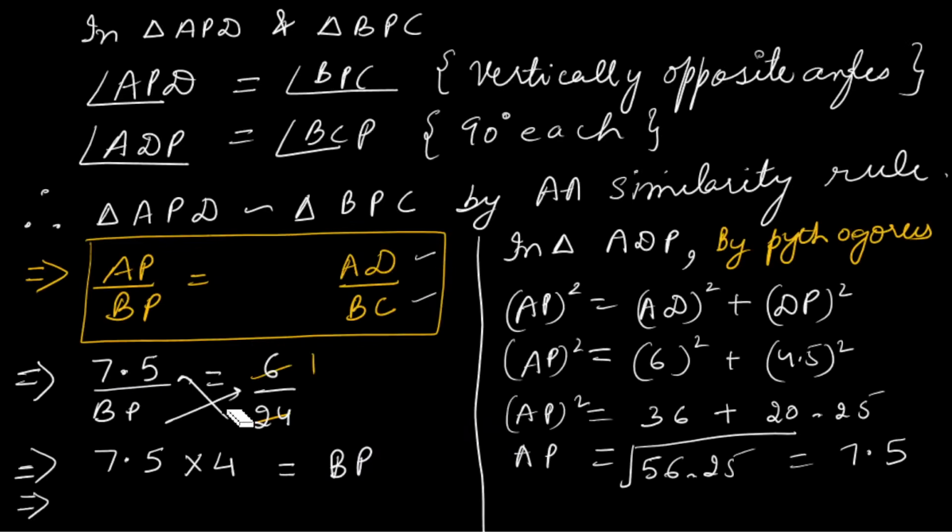Okay, it's 2.4. It's not 24. It's 2.4. So 2.4, when I do cancellation, it will be 0.4. So it is 0.4. So 0.4 when you multiply, it will be 3. Okay. So 3 centimeter. So my mistake there. BP is equals to 3 centimeter.